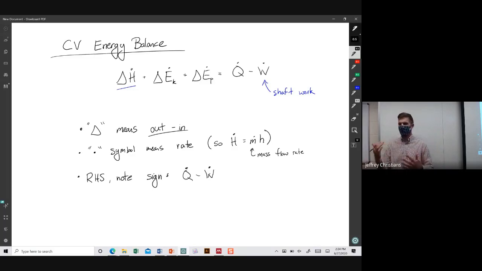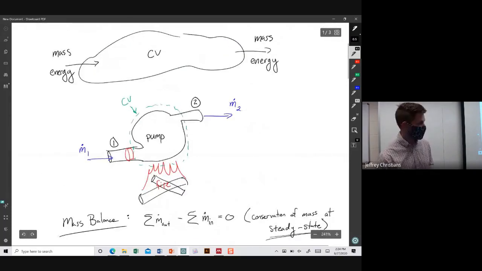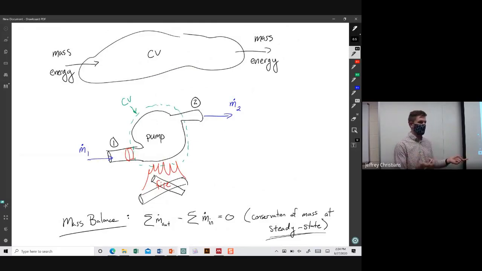We just have to figure out which way we define as in and which way is out. So if we go back up to our little pump problem, we had heat energy going into the system. Is that positive or is it negative? We can pick, we just have to pick and be consistent. Same thing for a pump, we plug a pump into the wall, so we're putting work into the system. Should that be positive or negative? Doesn't really matter, we just have to pick and be consistent and then figure out our signs from there.